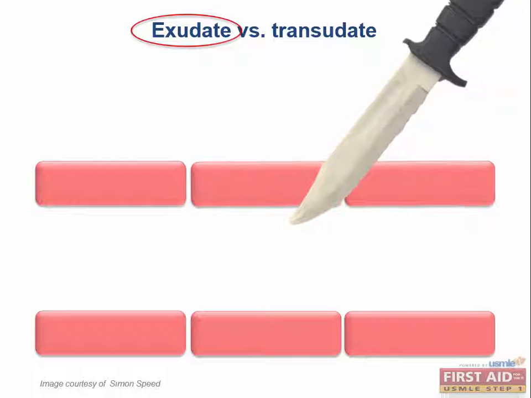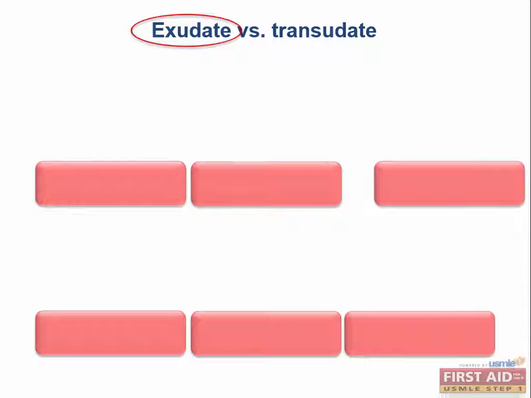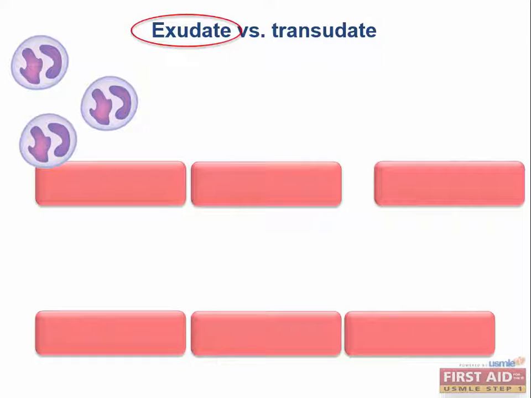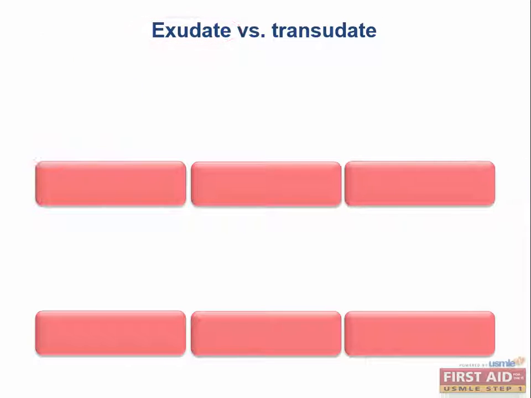Like a knife wound or trauma or infection or anything that will disrupt the integrity of the endothelium will lead to exudates, because now there's a gap where whole cells can actually flow out into the interstitium. That's called an exudate. And there are actually several criteria that help you figure out if a collection of fluid is either an exudate or a transudate.